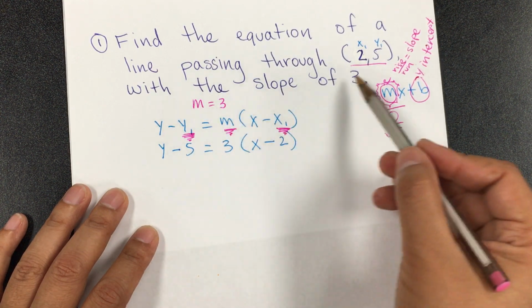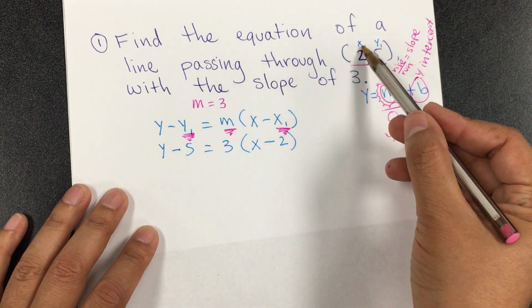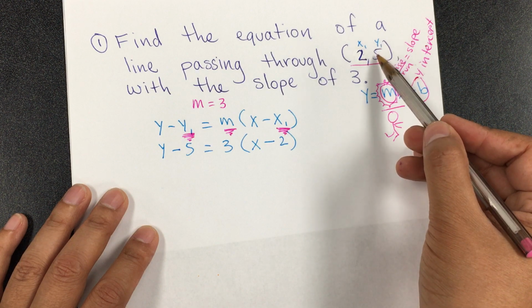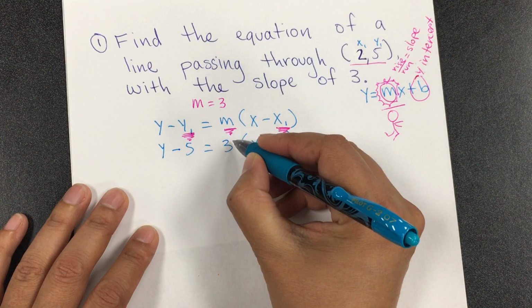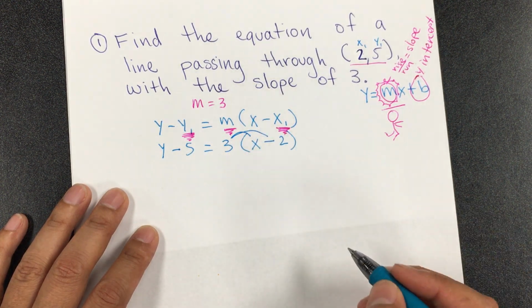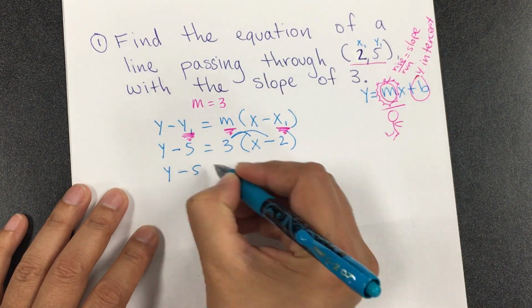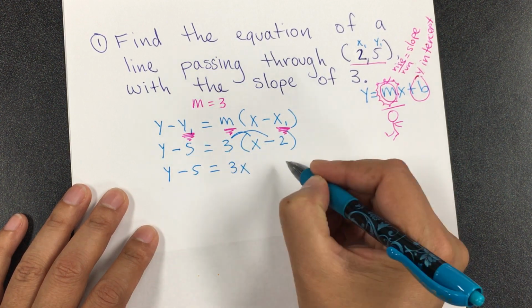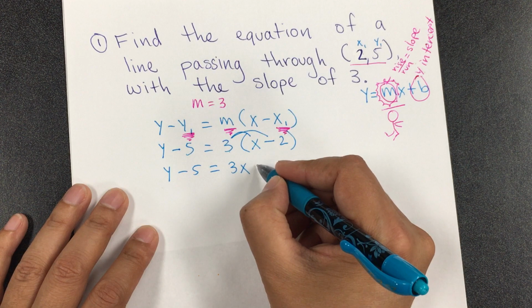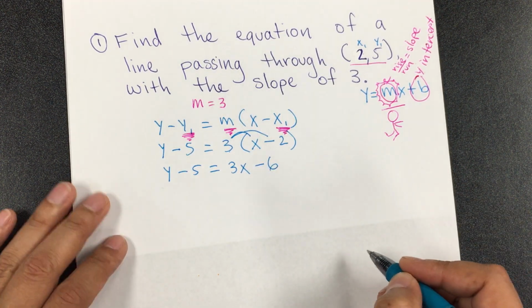The m is the slope, the x1 is 2, and y1 is 5. That's what you replaced in there. Now that we replaced it, we do the distributive property, and so y minus 5 equals 3x, and 3 times negative 2 is negative 6.